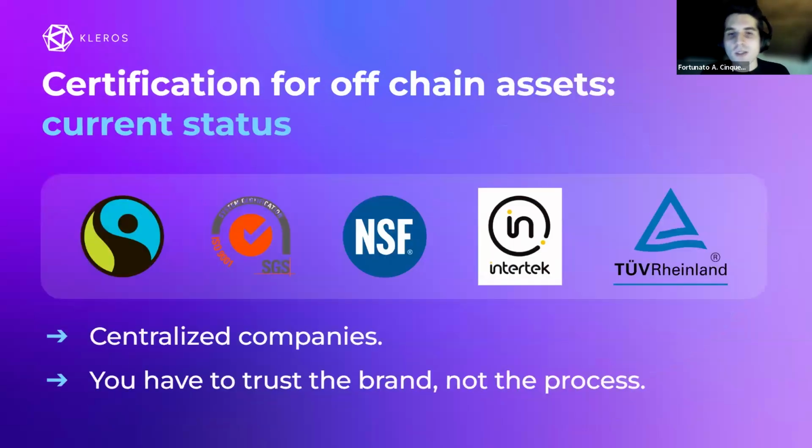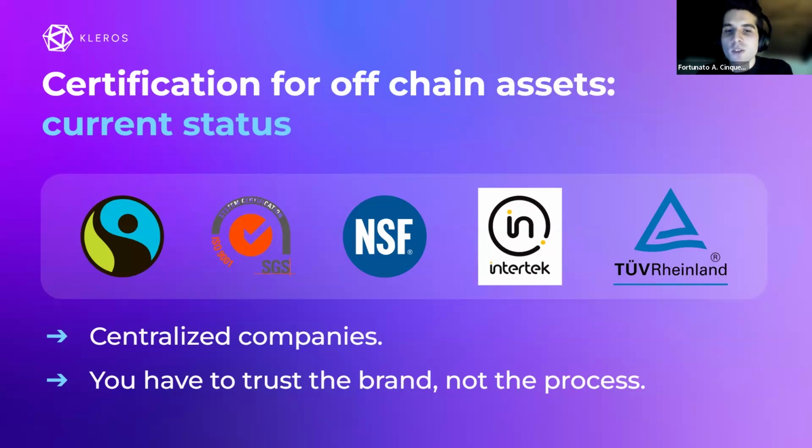Now, switching to what Mike and Dennis discussed about how we can bring this process to real-world assets. The current status is that we have centralized companies issuing certifications. And right now, we can only blindly trust their brand. Most of the work they do is building their brand as the most trustable certifier.